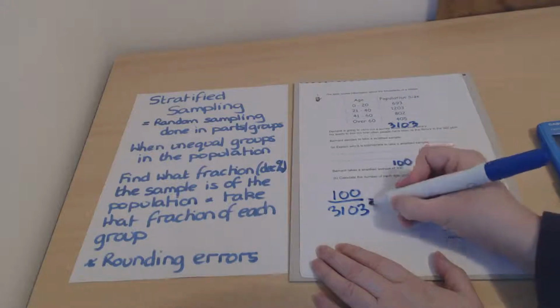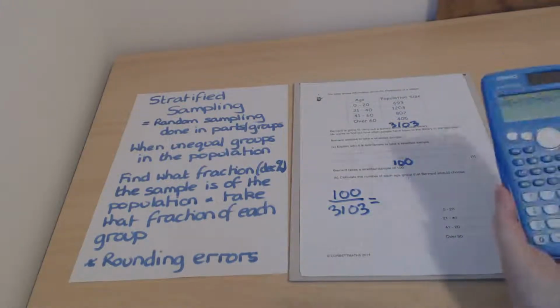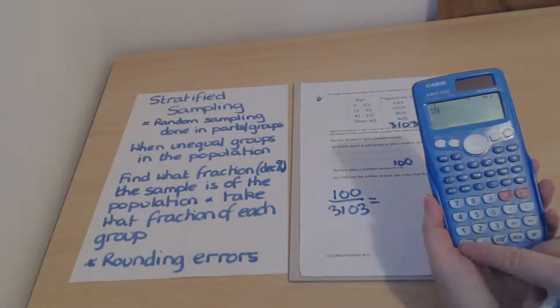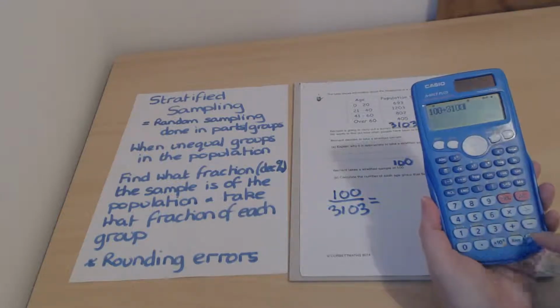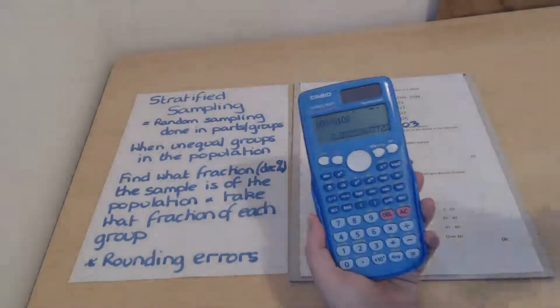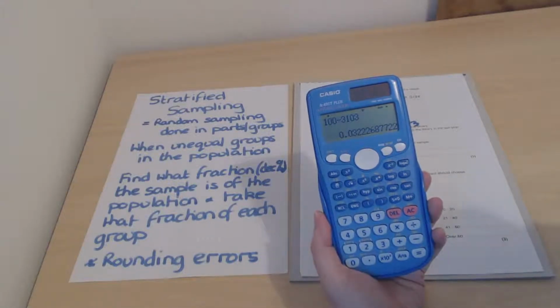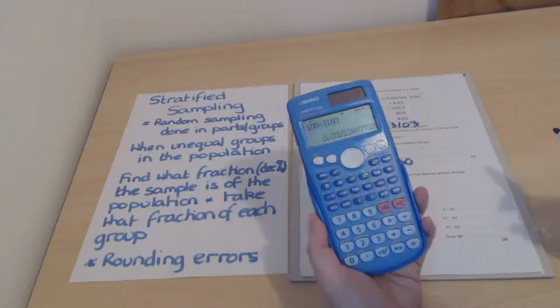Now that's not going to turn into a nice fraction. So in this case, what we might opt to do instead is turn that into a decimal. So it's 100 divided by 3,103, and that equals this decimal. So now we're going to use that decimal, 0.03222 something or other, for each of the groups.